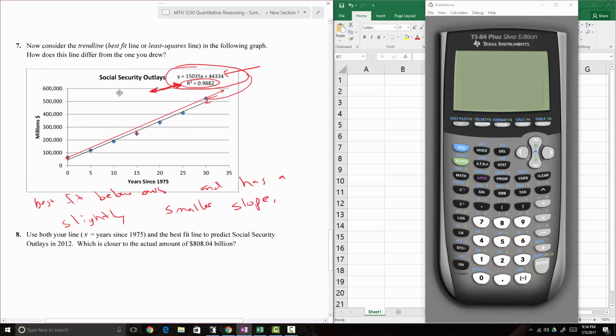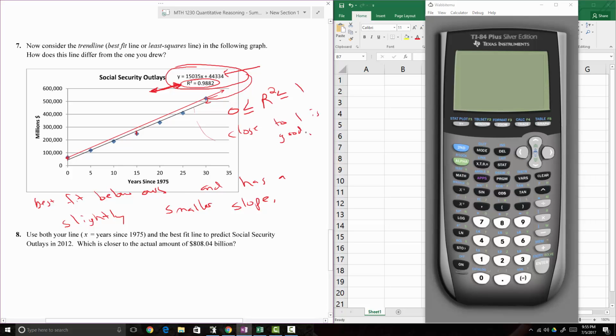I won't get into r squared values, but just note that values close to 1 are good, and values close to 0 are bad. r squared will always be between 0 and 1, and close to 1 is good.